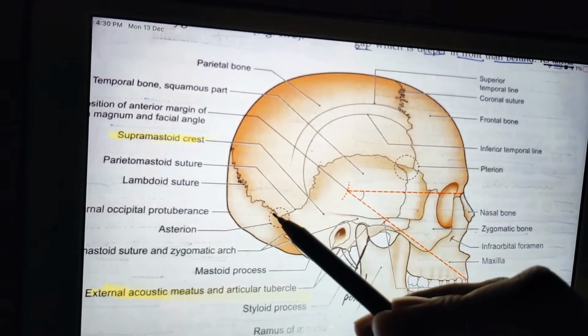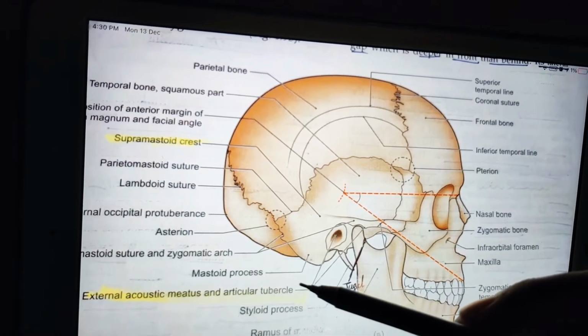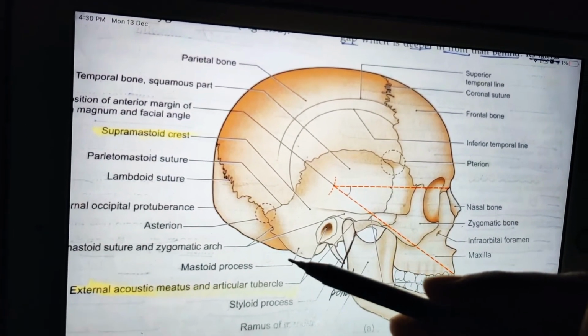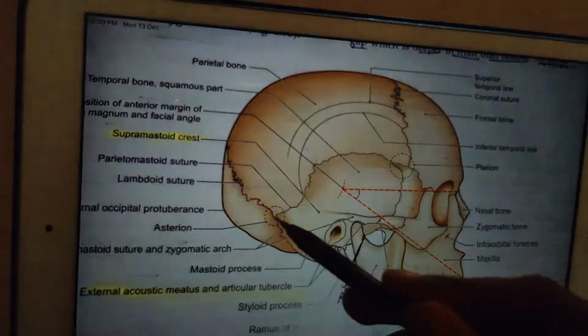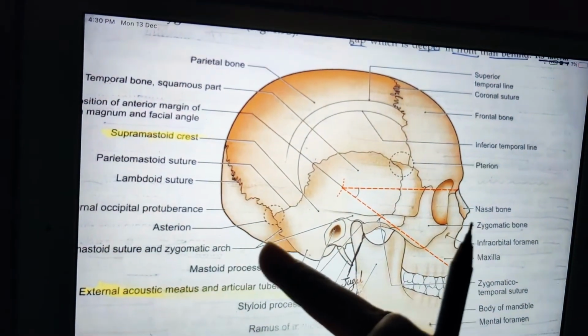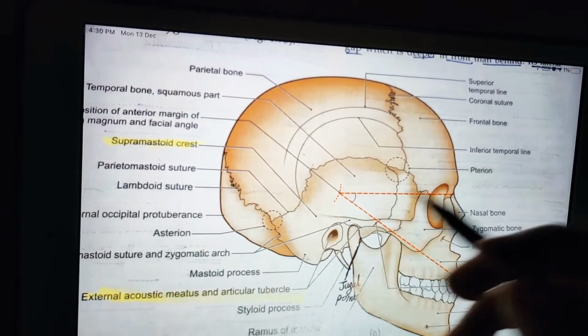So all these three sutures meet here. In infants the asterion is the site of the posterolateral or mastoid fontanelle, which closes by 12 months.